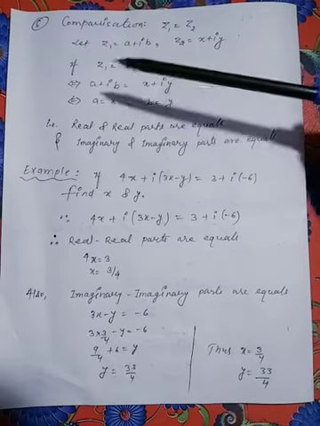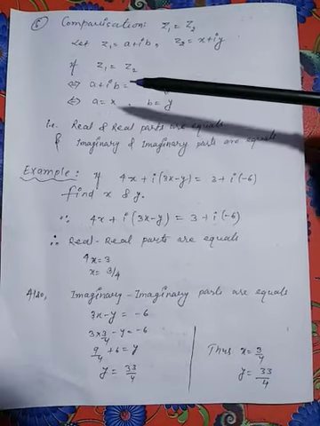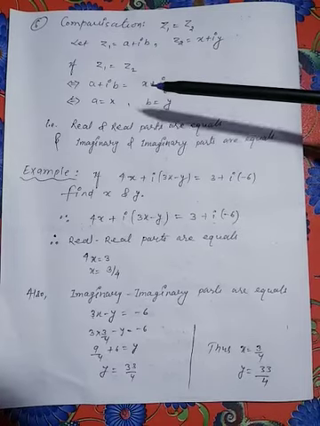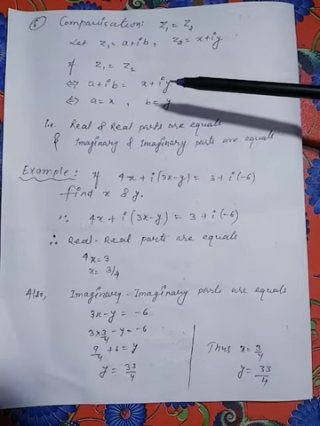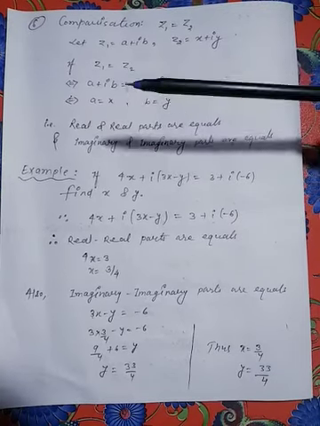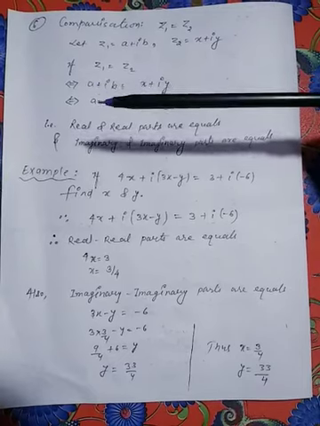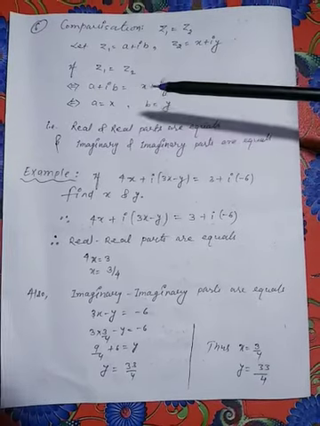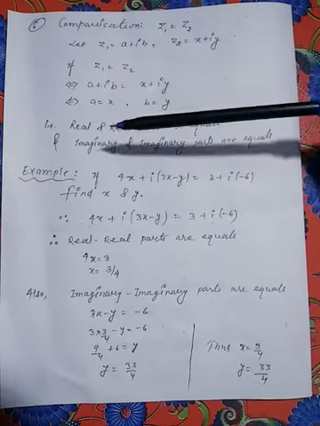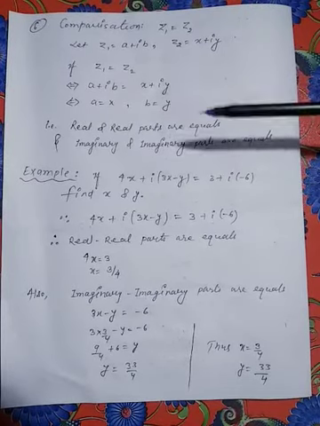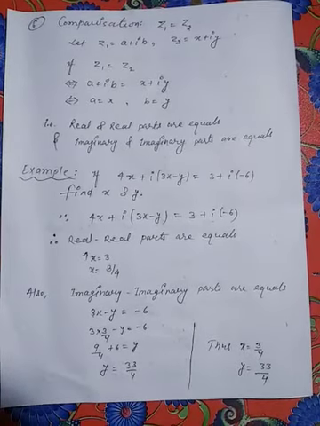If z1 equal to z2, then a plus ib is equal to x plus iy. If both are equal, then if and only if a equal to x, b equal to y. That is, real and real parts are equal and imaginary parts are equal.